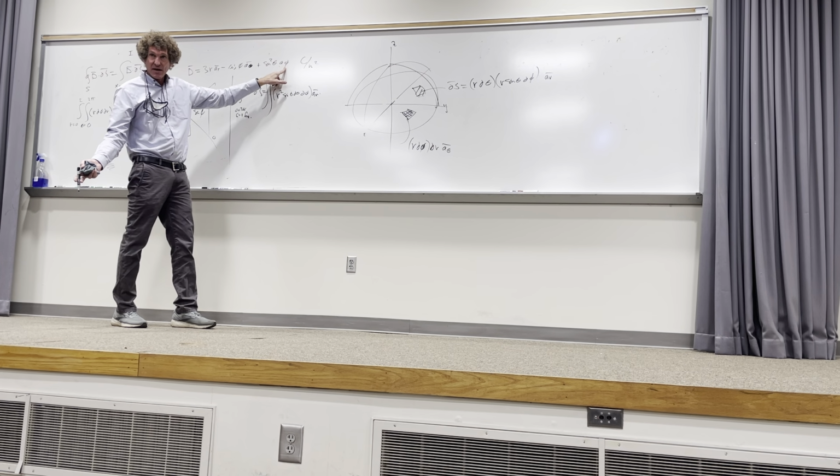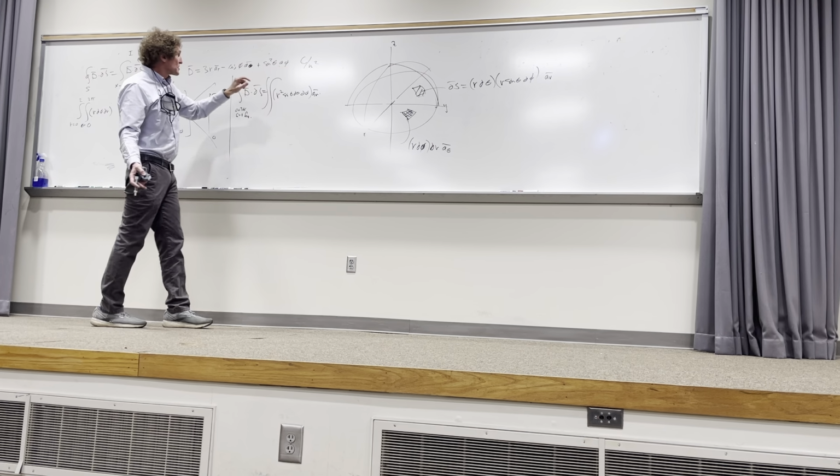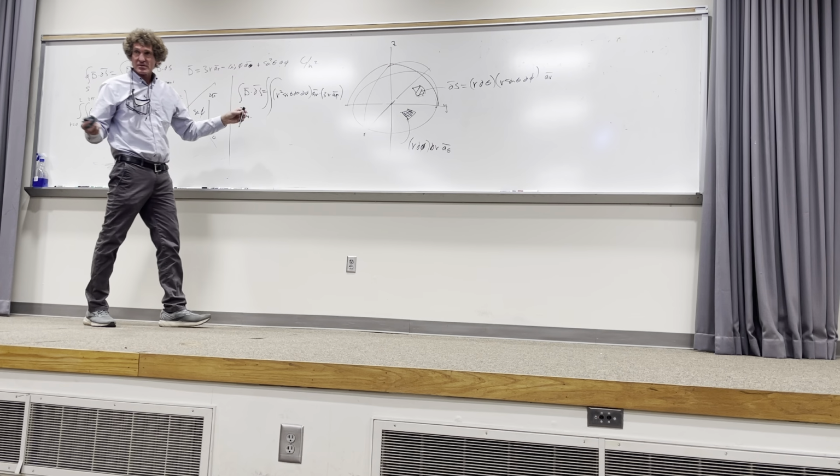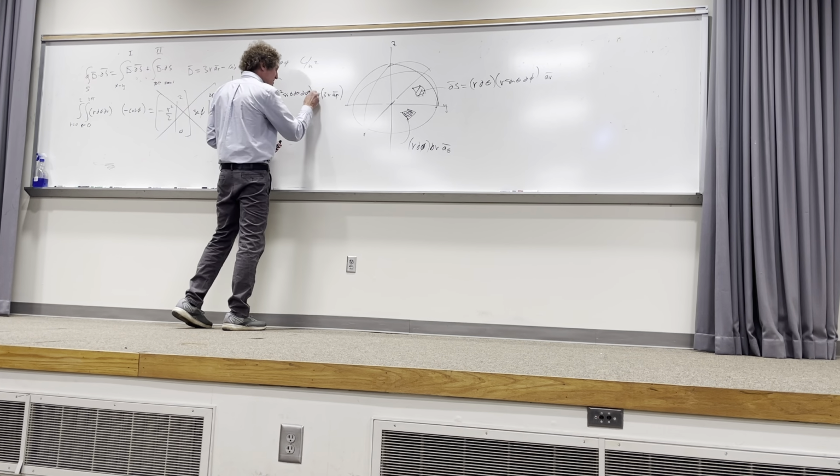I just don't want to write them. So I'm just going to put the first part, 3r a_r. And then my next obvious step is a_r dot a_r is 1, so I just erase it. I'm trying to get you familiar with noticing the obvious and taking advantage of it, so you don't write things down for no reason.